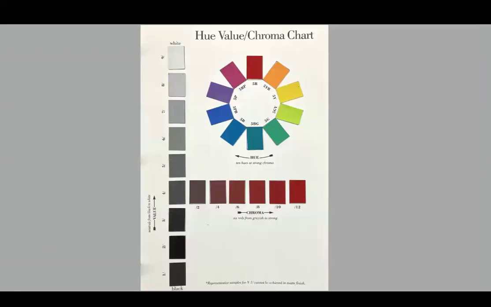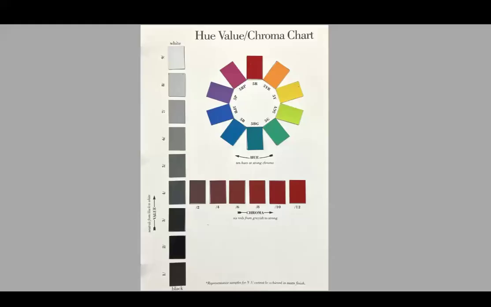So this is a Munsell color chart, and if you want to learn more about color, I do teach some classes at this, and I do it in private lessons, but you can just research Munsell color chart. And so the value is on the left, the gray value going from darkest to lightest. And then in the middle there, you see those reds.